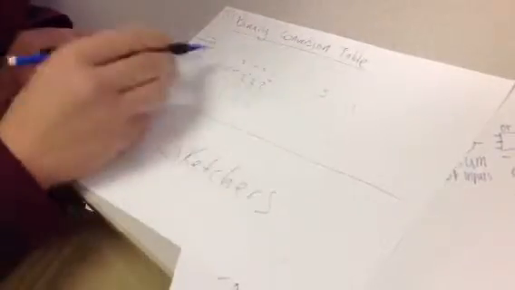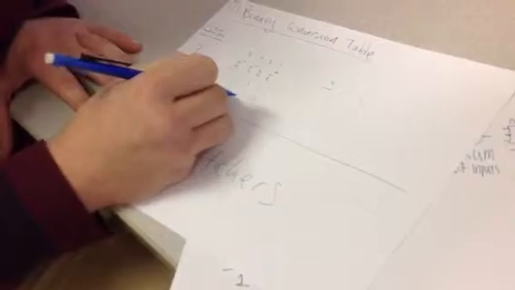Then you look at the second number of the student ID, which is 2, and you do the same exact thing. 4 and 8 don't go into 2 because they're bigger than 2, so you look at the next number, which is 2. 2 goes into 2 one time, so you have the 1 here.